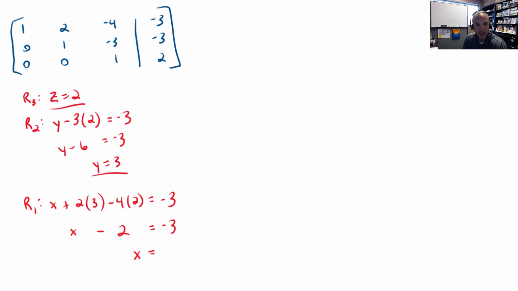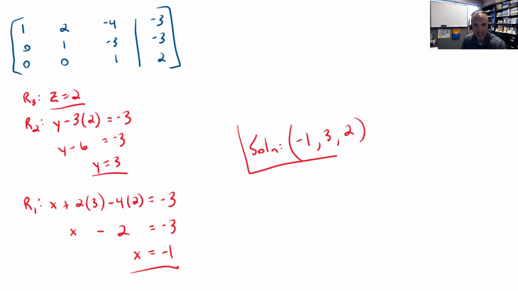And then adding the 2 over, x equals -1. So our solution is the ordered triple where x is -1, y is 3, and z is 2. And that is how you do Gaussian elimination with a system of 3 equations and its augmented matrix.